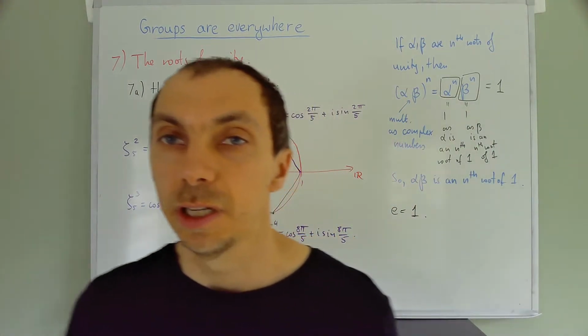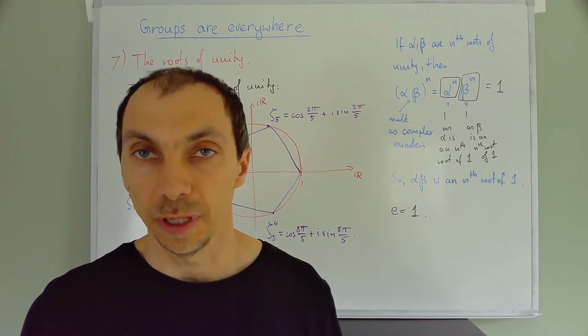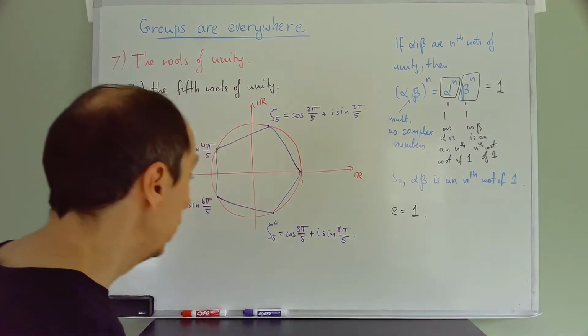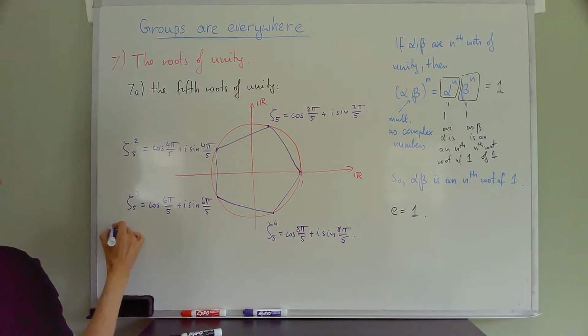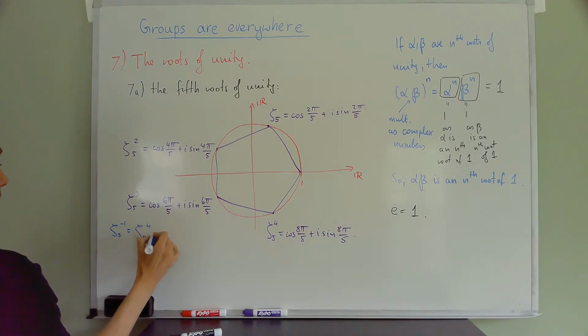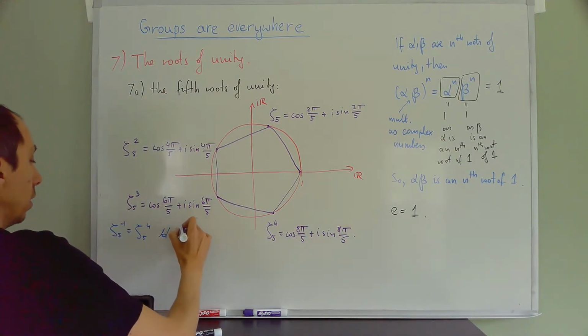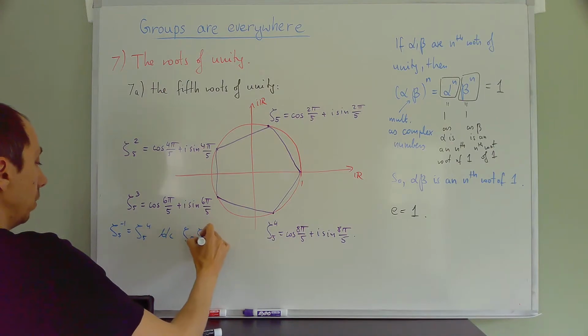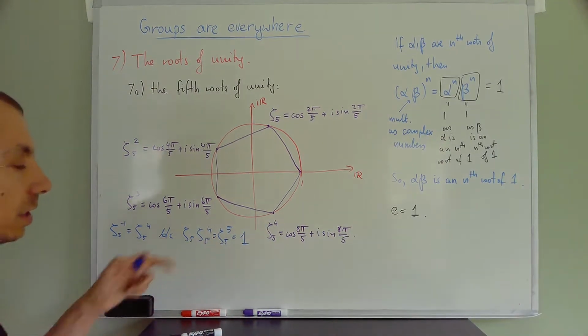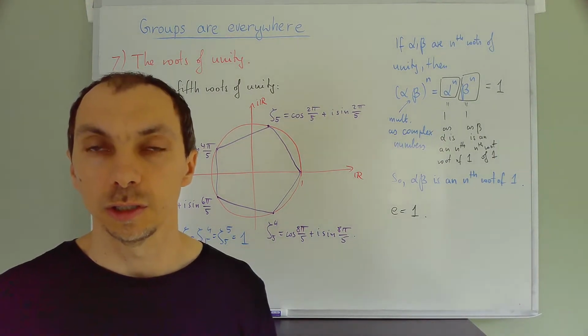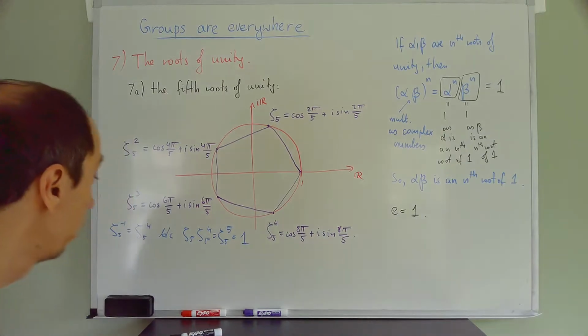And does every fifth root of unity for now have an inverse? Yes, you can sort of read it from the picture. So the inverse of zeta 5 is zeta 5 to the 4th, because zeta 5 times zeta 5 to the 4th is zeta 5 to the 5th power, which is 1, because zeta 5 is a fifth root of unity. So its 5th power is equal to 1.